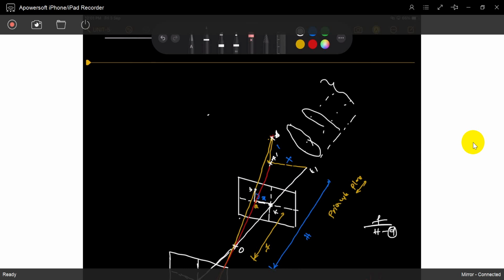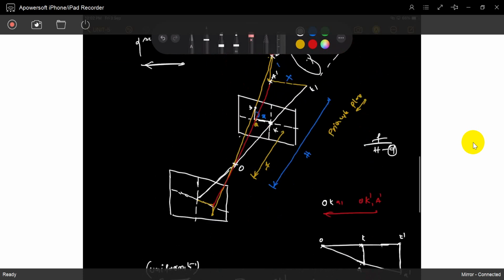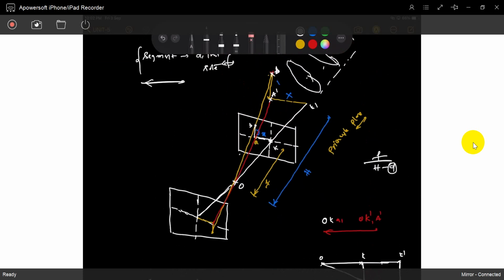Like this, every segment has a different scale. Are you understood? So that is a problem in terrestrial photogrammetry: the scale is different.